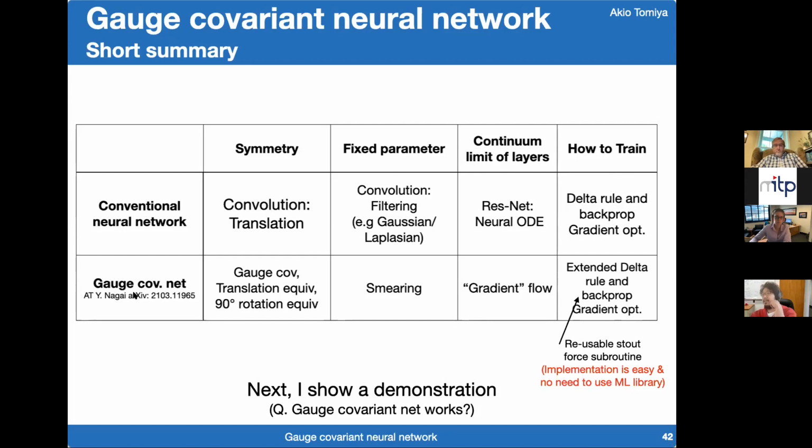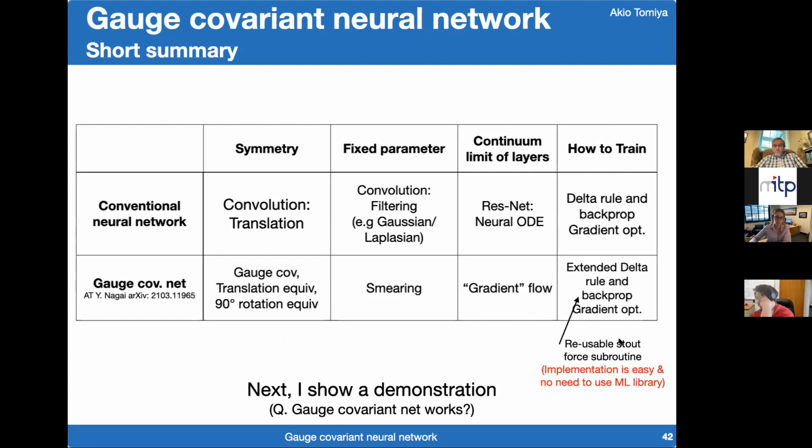In the gauge covariant neural network case, we can treat gauge symmetry in a covariant way, and it is translation equivariant and 90-degree rotation equivariant. If we fix the parameters by hand, it gives us smearing. The continuum limit of the layer is the gradient flow. And we can train the neural network with the extended delta rule, backpropagation and a gradient descent optimizer.